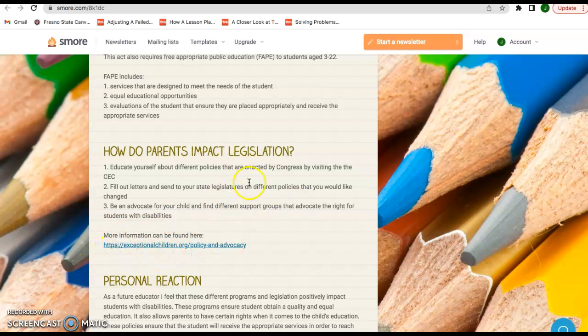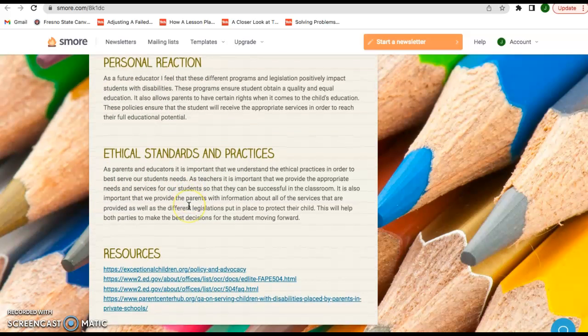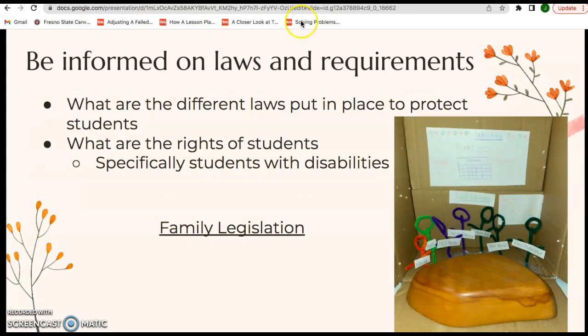You can go to your local congressman and fill out letters, and just understand the ethical standards and practices and different resources that you can find that best fit the needs of your children. So being able to really inform your parents of their rights.